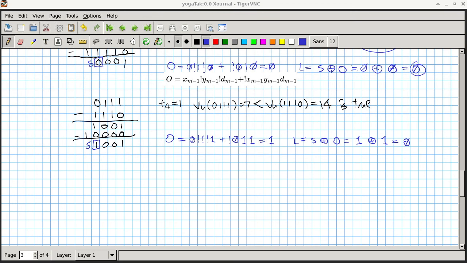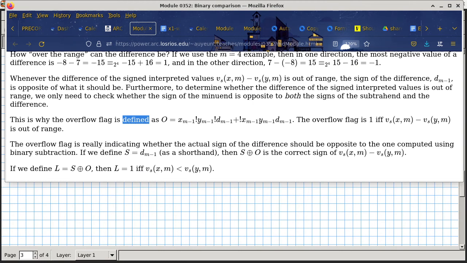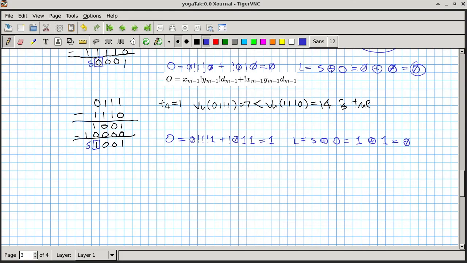Okay. So from the statement that we saw from the notes, you would probably be guessing that this means the signed integer represented by x is not less than the signed integer represented by y. So we'll actually check it out. Vs of 0, 1, 1, 1 in this case is still 7, because we have 1 plus 2 plus 4 minus 0 of 8, which means it's still just 7.